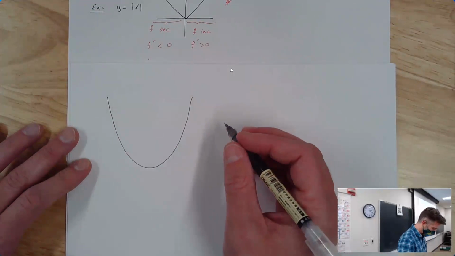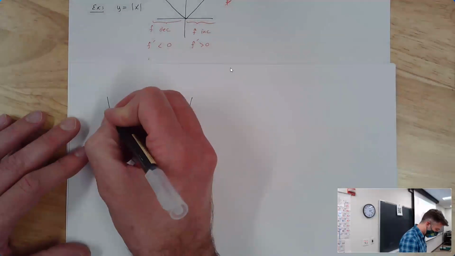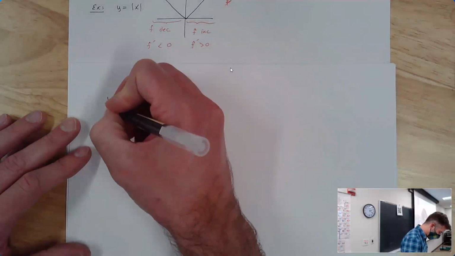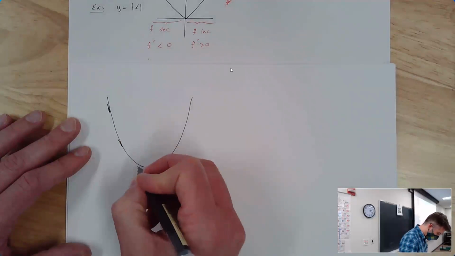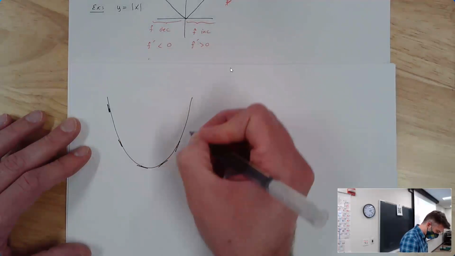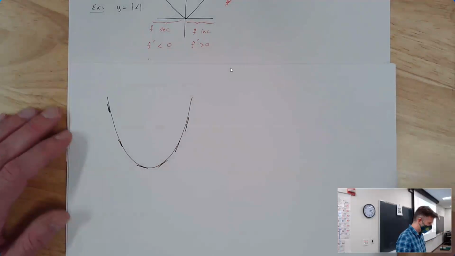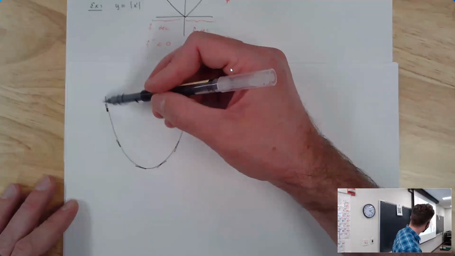I actually really want to talk about the derivative first. Usually I start with the function, but let's start with the derivative. So we move left to right. My derivative, aka the slope of my tangent line, is increasing or decreasing? Well, over here, is the derivative really positive or really negative?